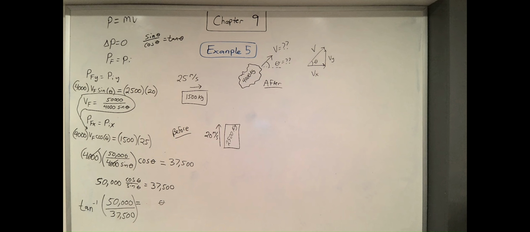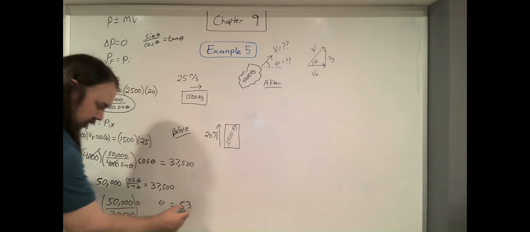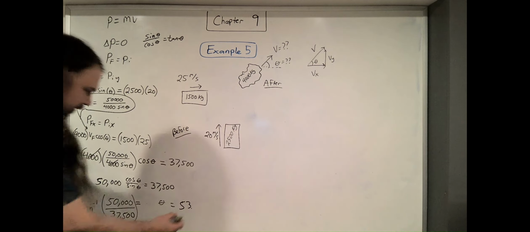I just need to figure out what the inverse tan is, and that's our calculator's job. So let me do an inverse tan of 50,000 divided by 37,500, and it gives me an angle of 53.13 degrees.